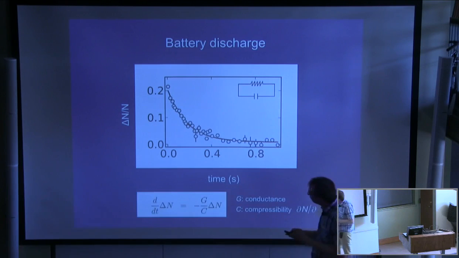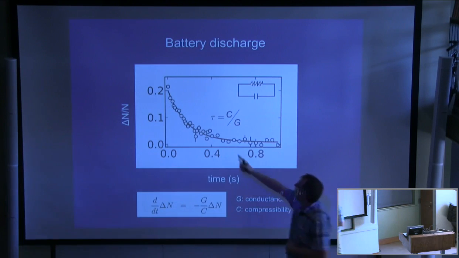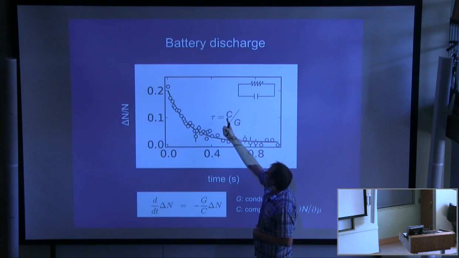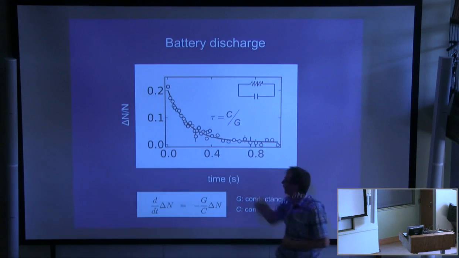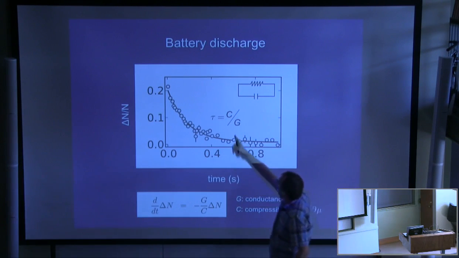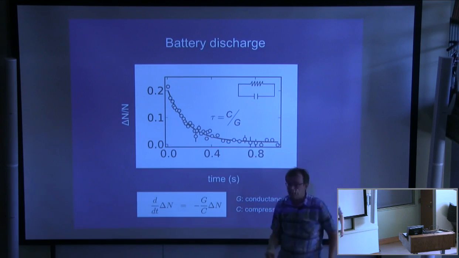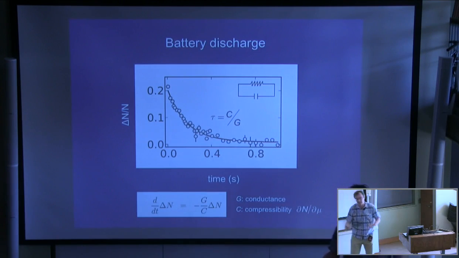But from these curves, what you can now extract is this time constant. And this time constant that's measured, and the C here, that corresponds to the compressibility, which from the knowledge of our trap frequency, or measured knowledge, for a non-interacting gas one can calculate. So this means knowing this, I can, in absolute values, get the conductance out of these measurements.